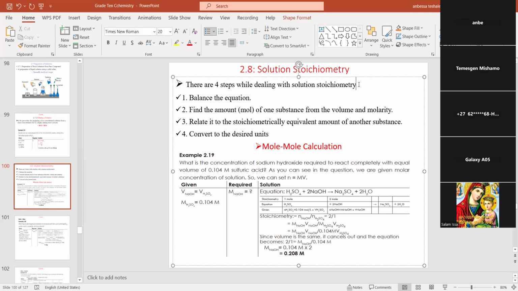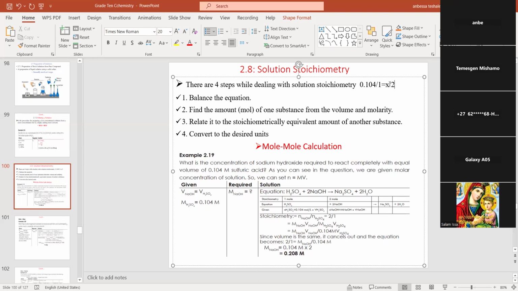From the formula above, we have here molarity 0.14 over 1 is equal to x over 2. This 2 is this one.